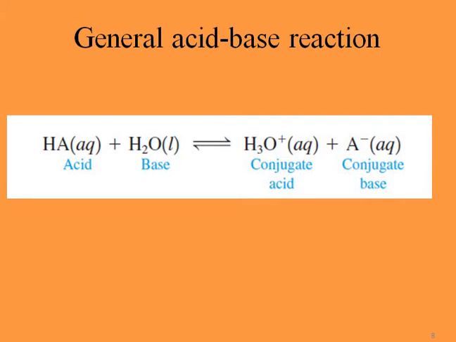So hydronium ion is the conjugate acid in this case, and A minus is the conjugate base. As you see here, when the acid loses the proton, it becomes A minus, which is the conjugate base. And when the water molecule accepts the proton, it becomes H3O plus, which is the conjugate acid.